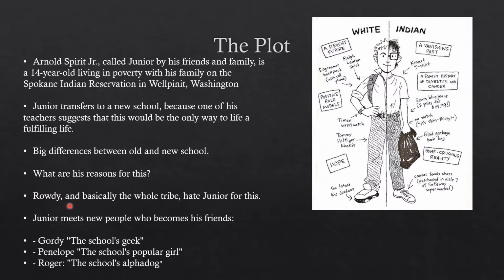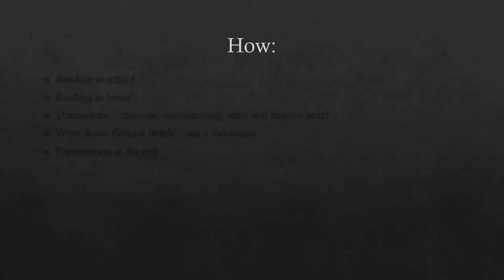His best friend and his tribe really dislike that he moves to another school. He meets new people, typical stereotypes: geek, popular girl, alpha dog who is also a bully. So it's a lot of typical everyday stuff for a teenager, whoever you are.